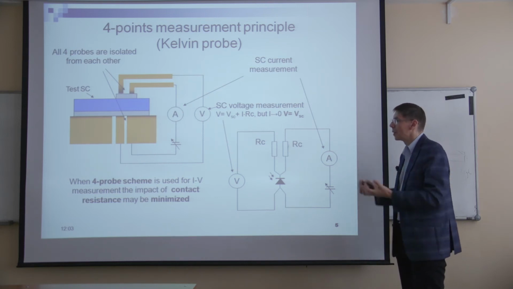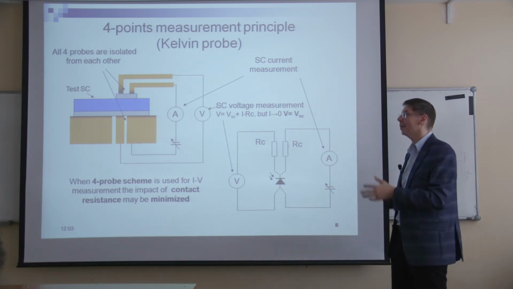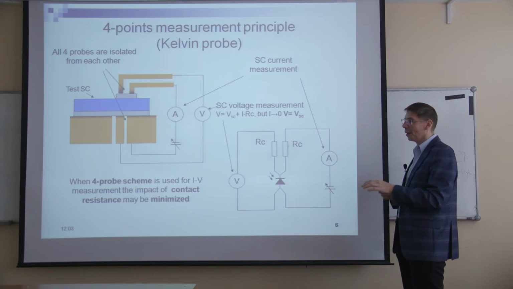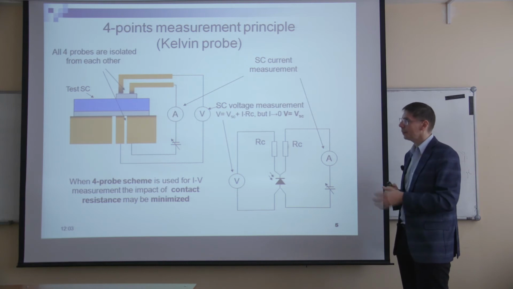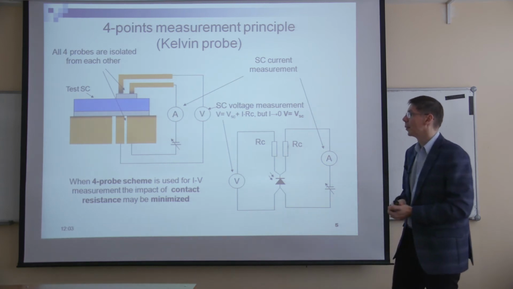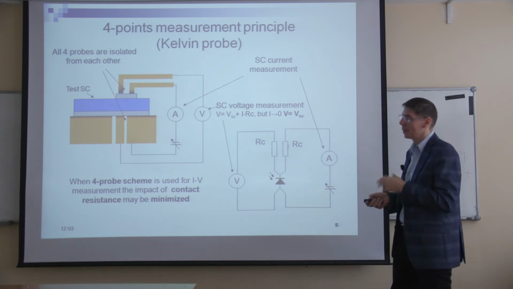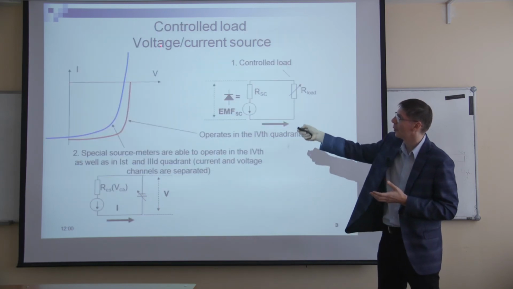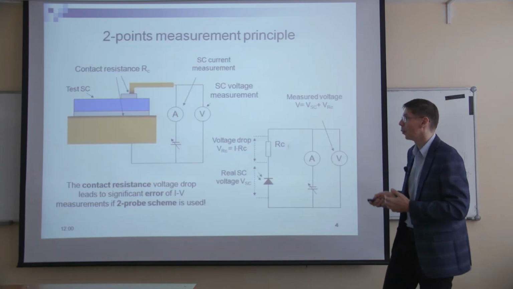I mean, of course it depends on the value, but normally for some average solar cells, milliampere current is already the value when you have to think about the contact resistance, because the series resistance could be very significant. Actually, the same thing for the dark measurement. If you want to make some correct dark measurement, you have to avoid any contact resistance if you want to analyze some transport properties, etc.